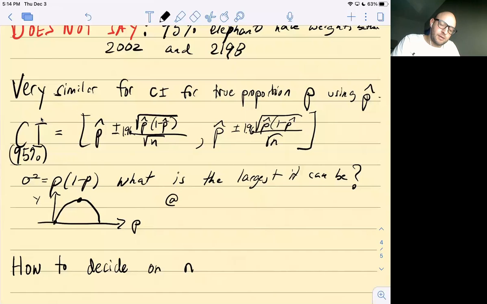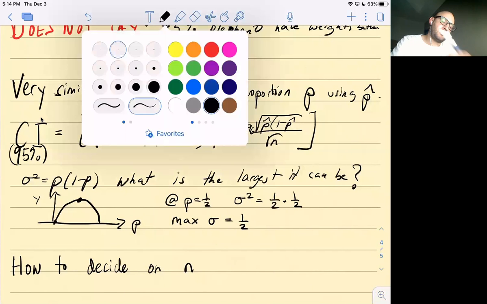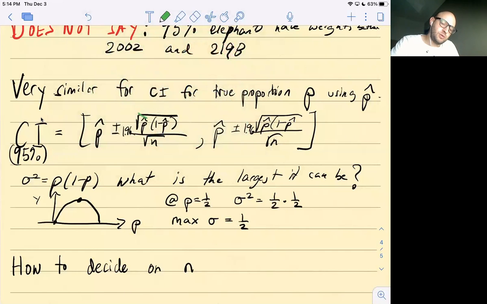So at p equal to 1/2, the variance is equal to 1/2 times 1/2. Therefore, the max sigma is equal to 1/2. So many times what we do is we replace this. We don't use this, we just use 1/2.